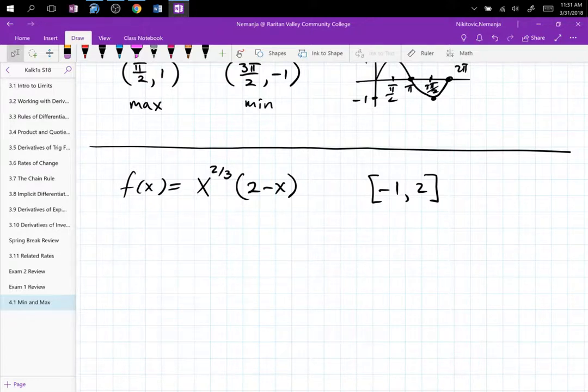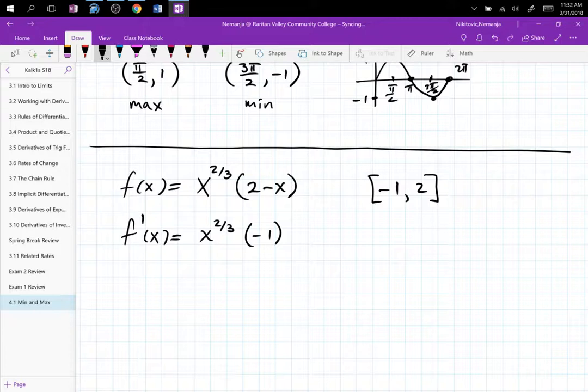So what do we do? We take the derivative, and then we set the derivative equal to 0, and find x locations where you have 0 slope. Let's find the derivative. Oh, it's the product rule, right? So copy the first times the derivative of the second, which is just -1.